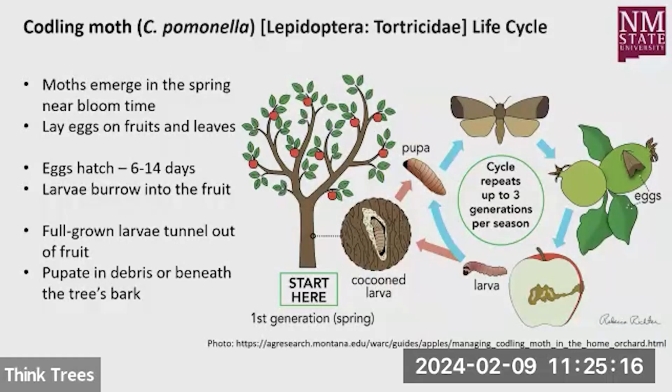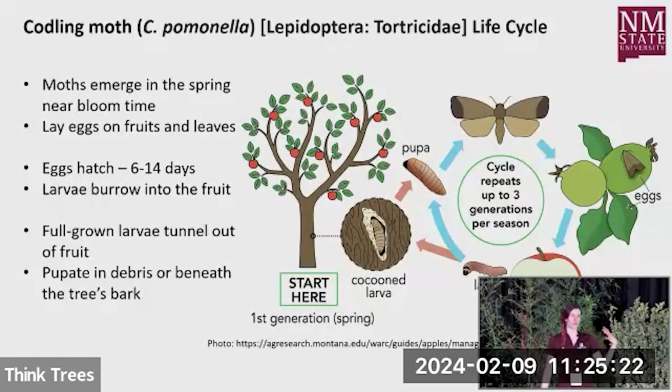They lay their eggs on fruits and on leaves. Once the eggs hatch, the larva will look for a fruit to burrow into. The full-grown larva will tunnel out of the fruit and then pupate beneath debris or by the trees. That's where they pupate, then emerge as adults and repeat the cycle.